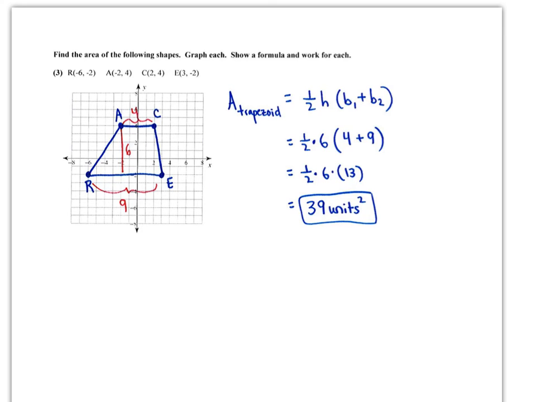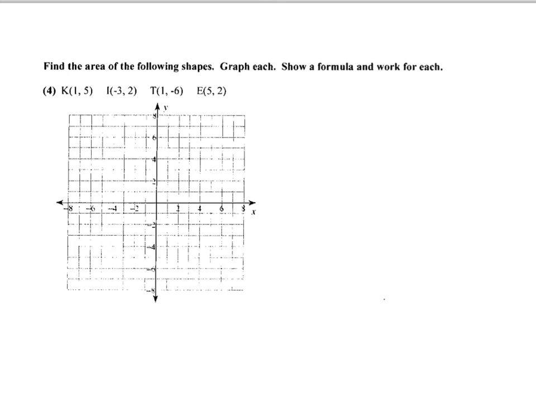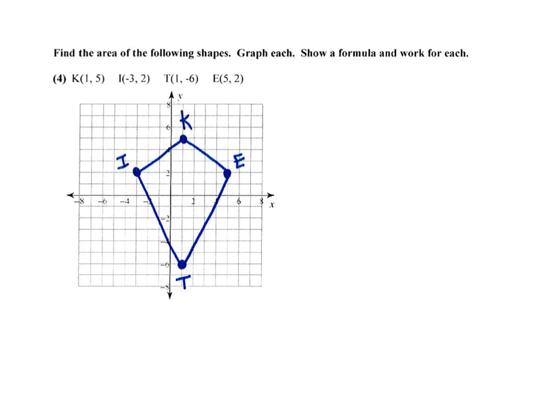Go ahead and let's do the last problem, number 4. Go ahead and plot the points and connect them and draw your kite. This is another fine example like number 3, where our particular pieces that we want are vertical and easy to find.